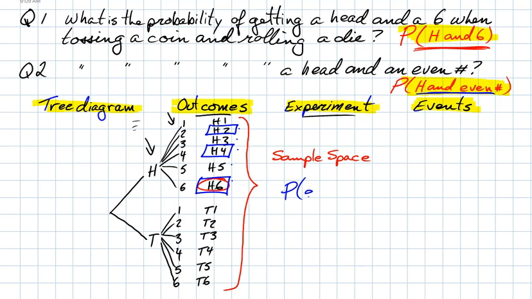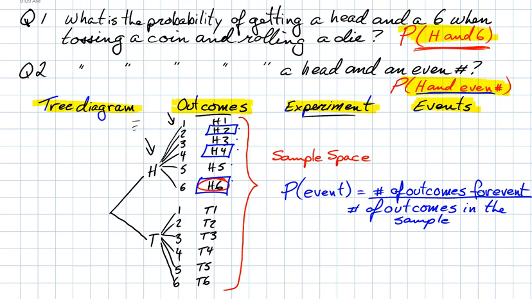The probability of the event is equal to the number of outcomes for the event divided by the number of outcomes in the sample space. So for us, the probability of getting a heads and a 6 is 1 out of 12, and the probability of getting a heads and even is 3 out of 12.